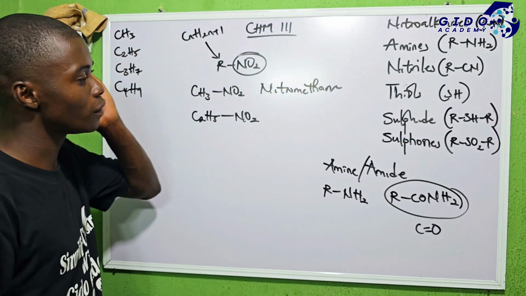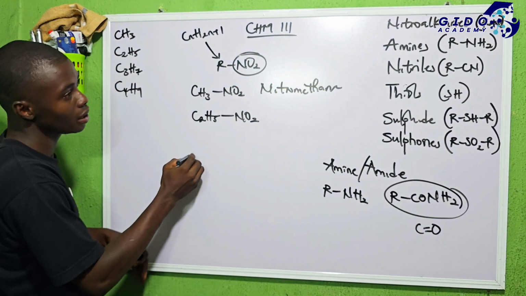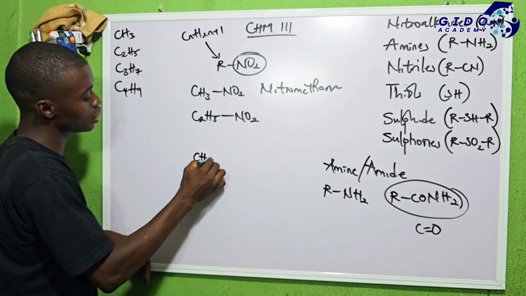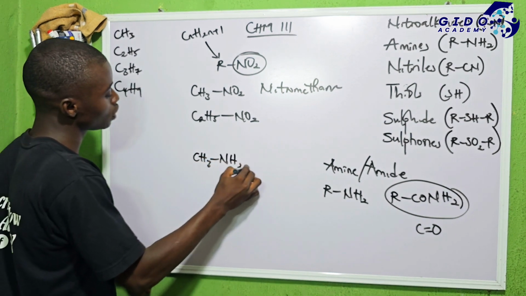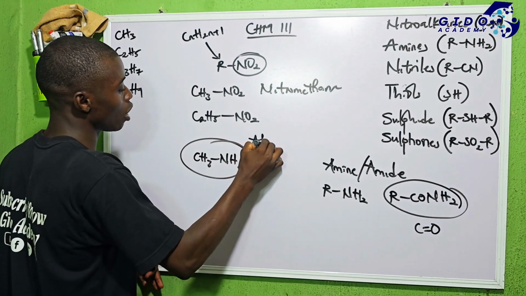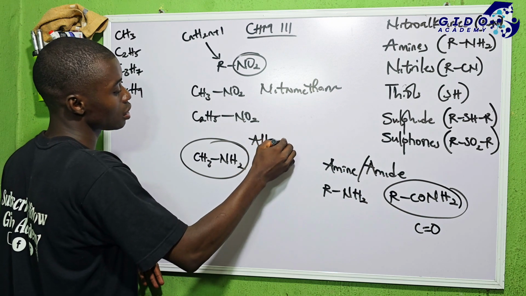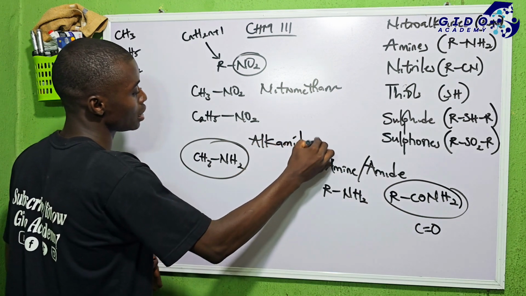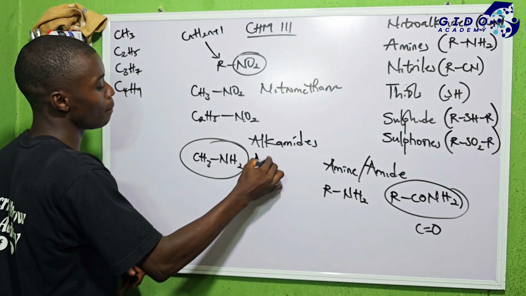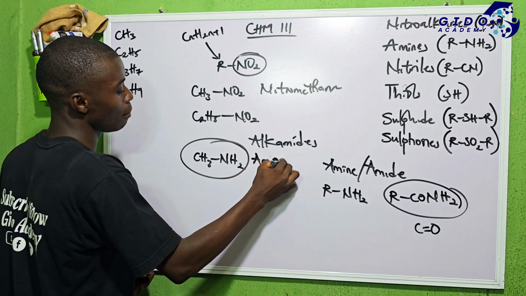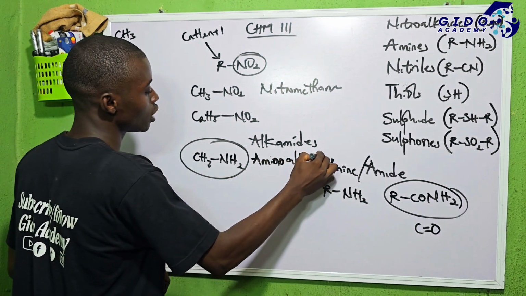The first member of the amine is, let's say, CH3NH2. In this compound, we can call them amines. We can also call them alkamides or aminoalkanes. I've given you three names already.